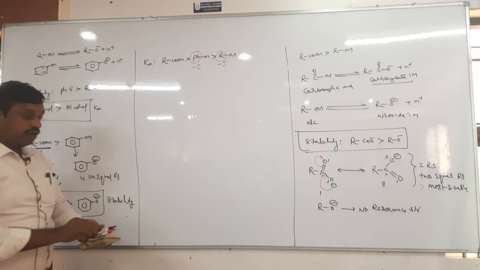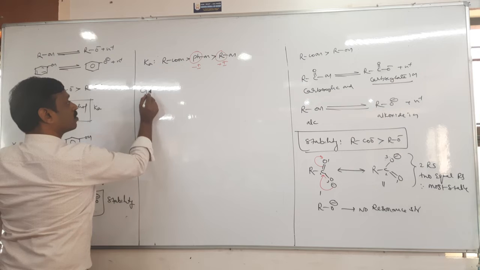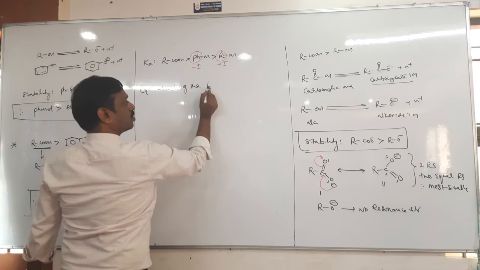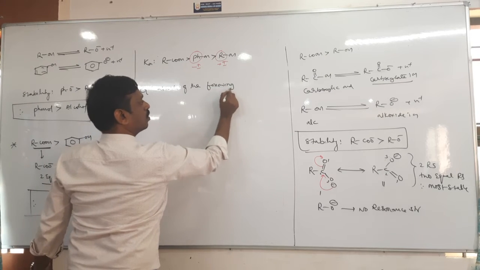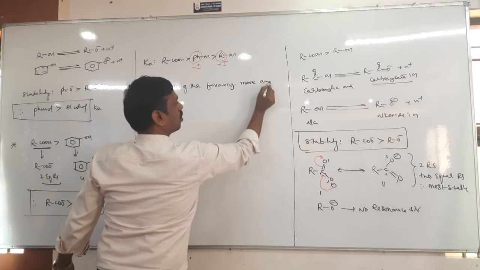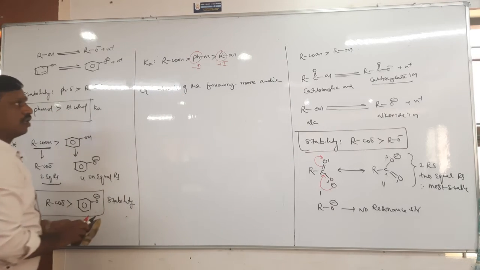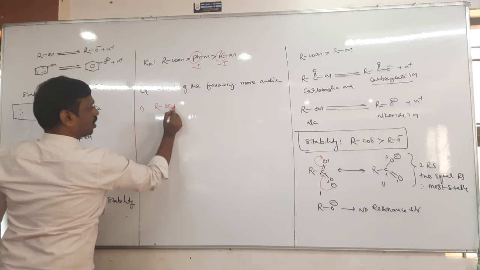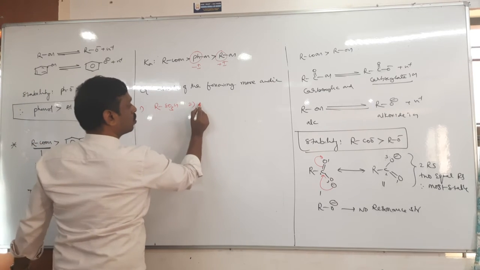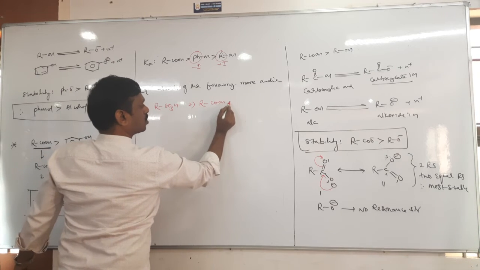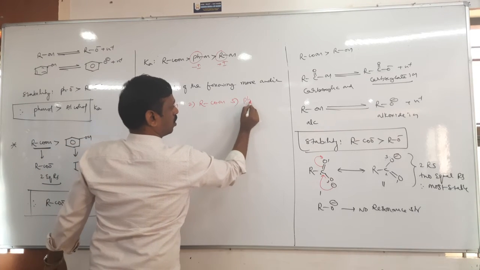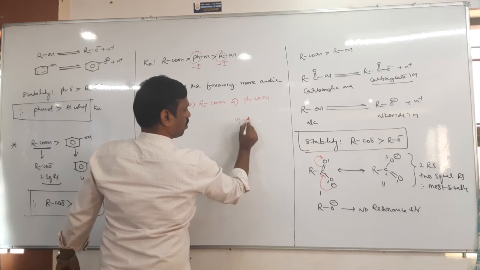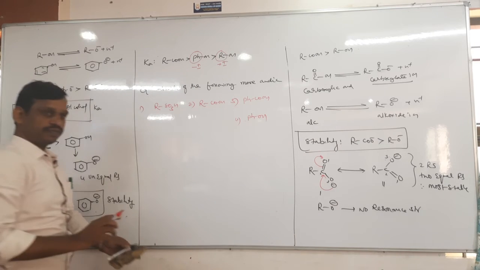So carboxylic acid is more acidic than phenol, then alcohol. Next, one more question. Which of the following is more acidic? Option 1, sulfonic acid; 2, carboxylic acid; 3, benzoic acid; 4, phenol.